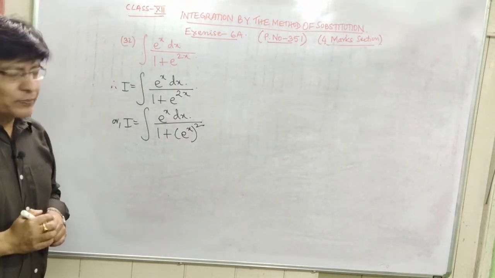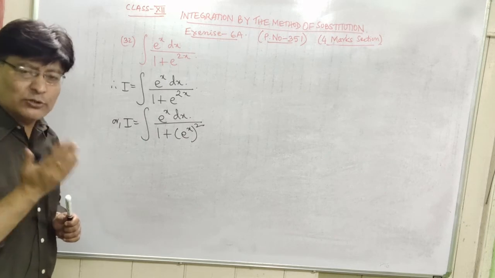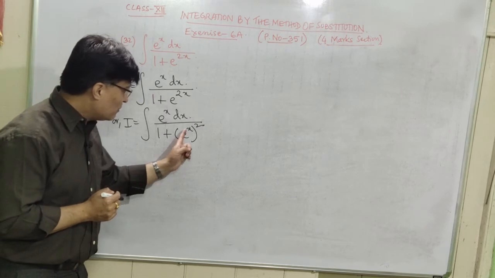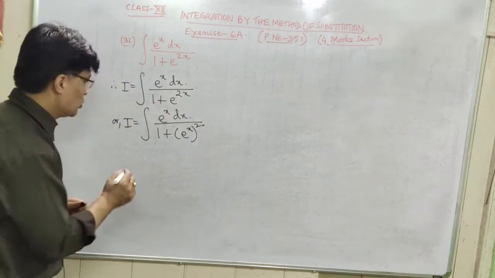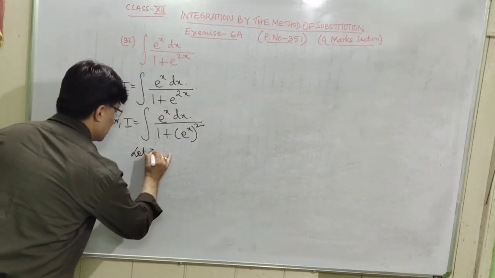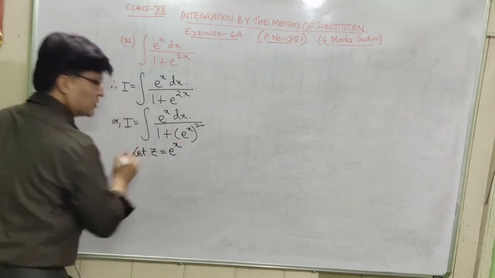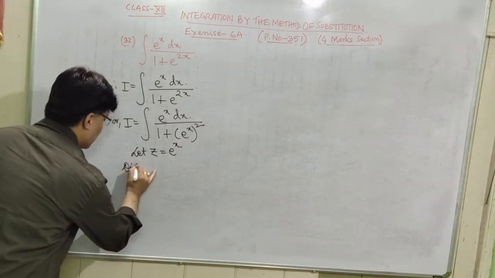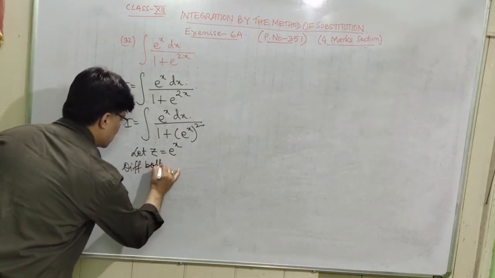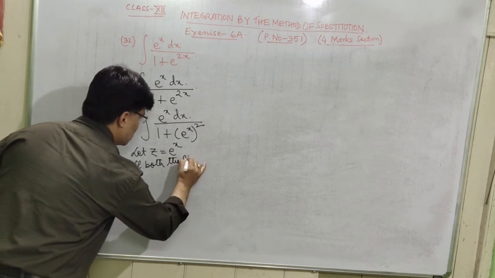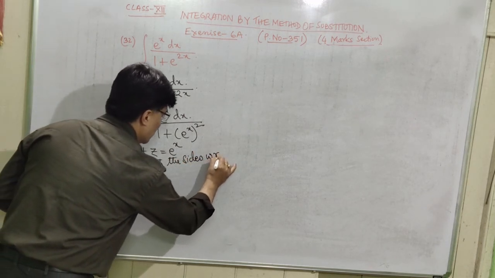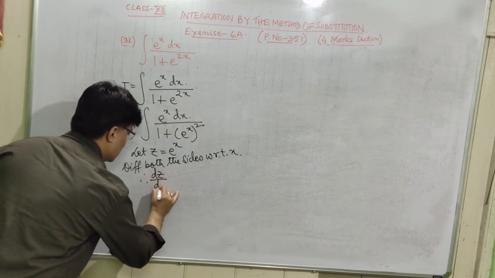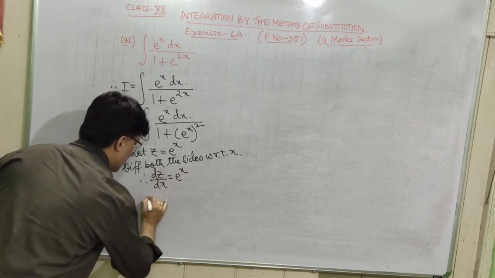Is that understood now? So we can assume let z is equal to e to the power x, because the differentiation of only this function e to the power x is e to the power x. Differentiating both the sides with respect to x, dz by dx is equal to e to the power x.